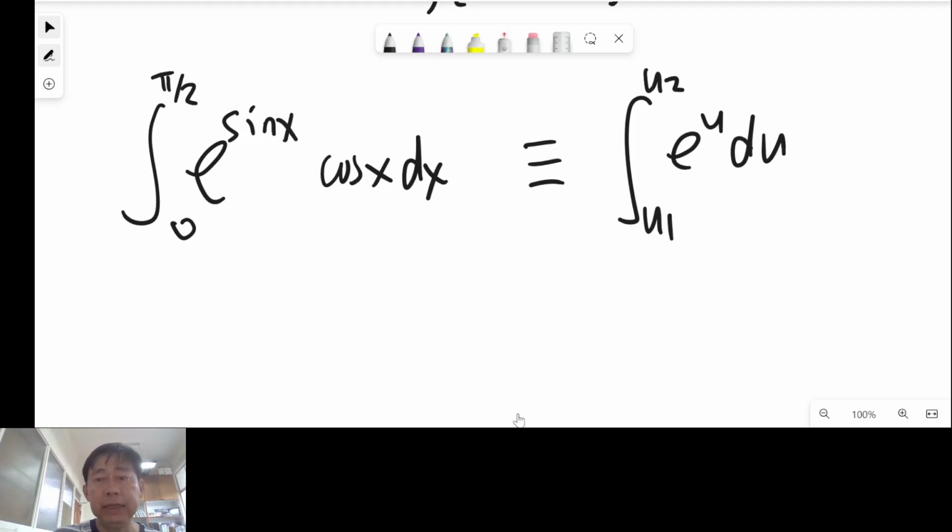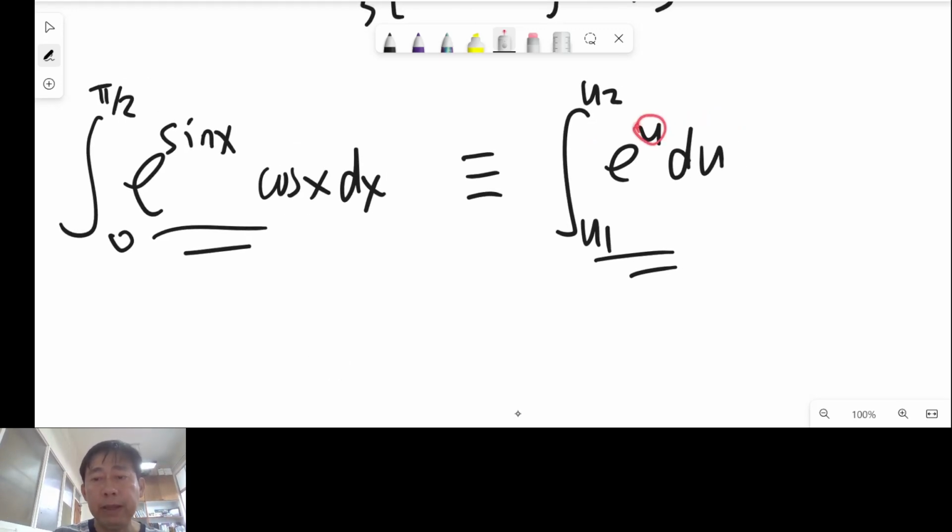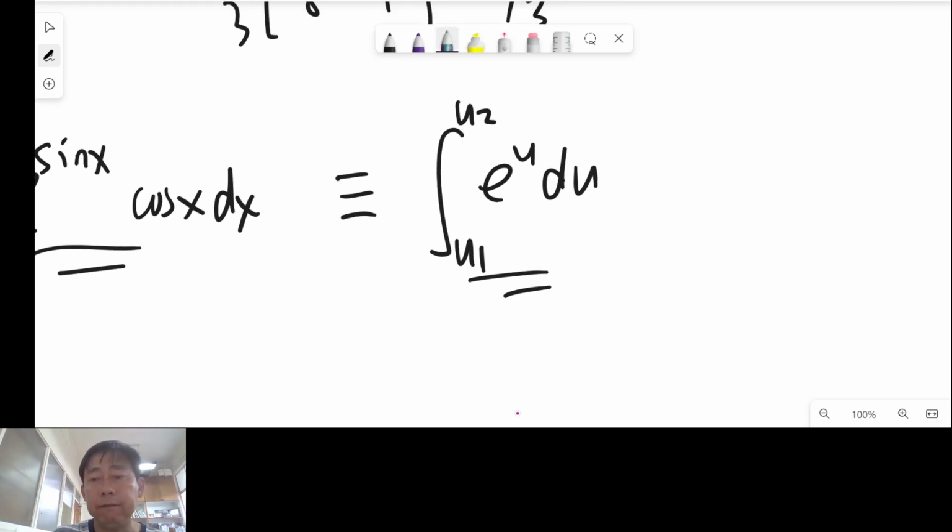This could be easily obtained by comparing this with this one, where you see that sine x is suitably replaced by u, and if you replace sine x with u, then the differential of u gives you cos x dx. That is kind of straightforward.